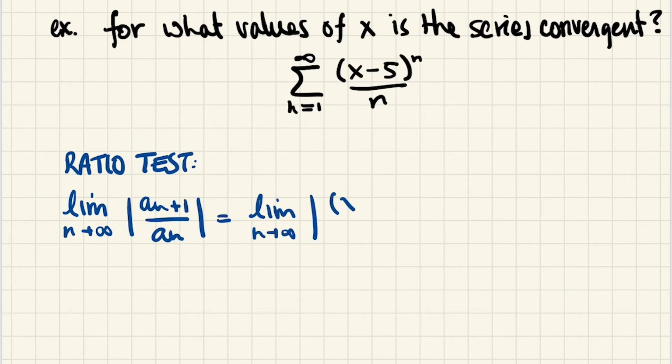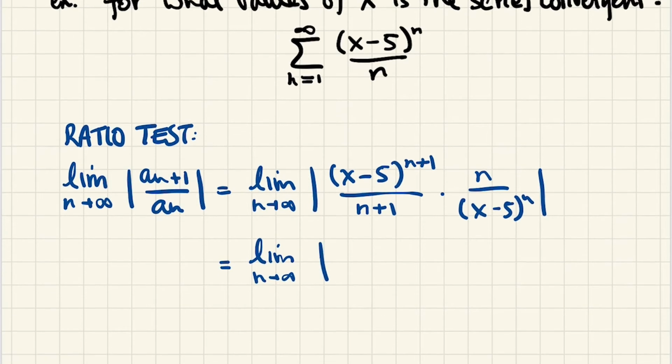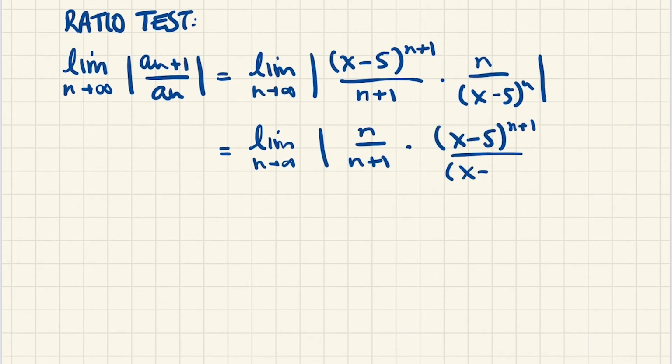Okay, so a_(n+1) is all of this stuff with n replaced by n plus 1, of course, and then multiplied by the reciprocal of a_n, which would be this thing. And now we'll line everything up with its friend. And as usual, we can collapse the absolute values around just the factor that involves x, because the n's are all going to be positive.